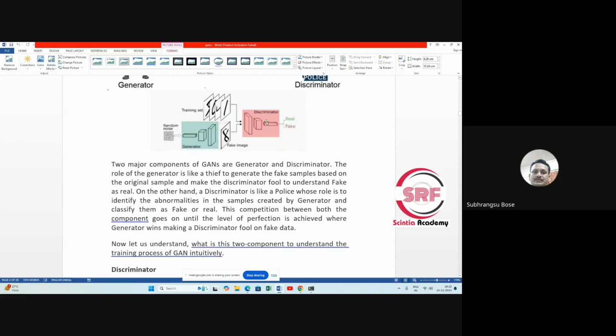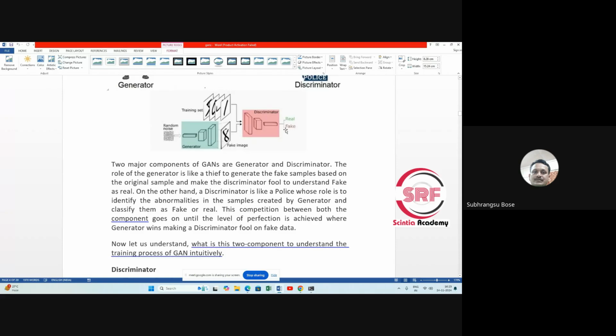After that, the discriminator predicts its result, real or fake. This prediction from the discriminator is backpropagated to the generator. With this information, the generator is trained again and creates another image. It is also analyzed by the discriminator, which gives some prediction.